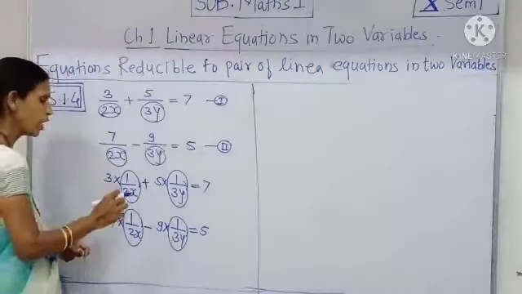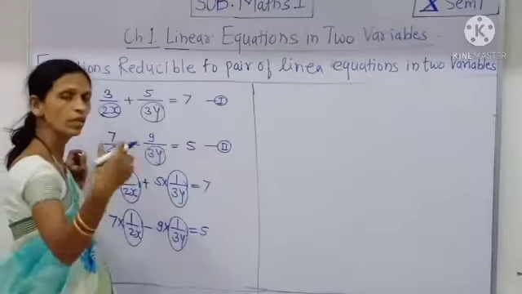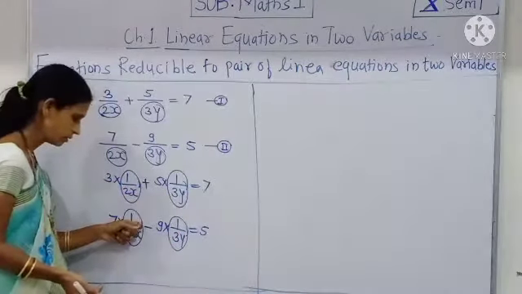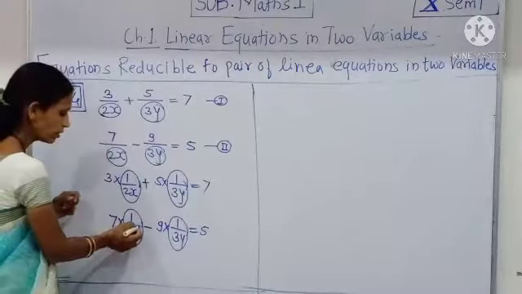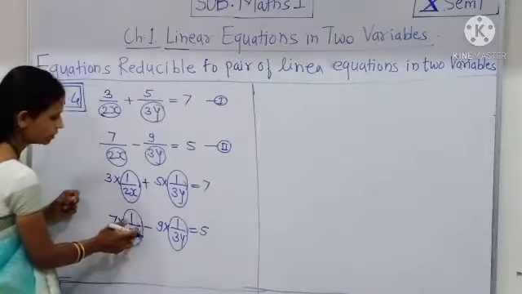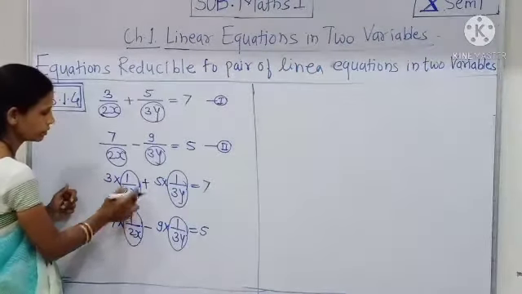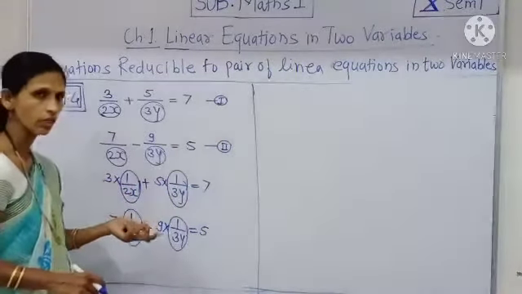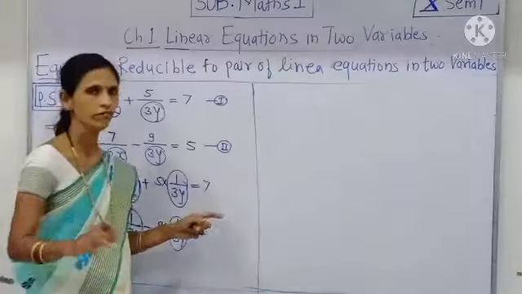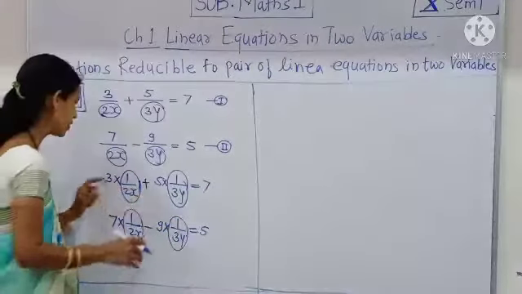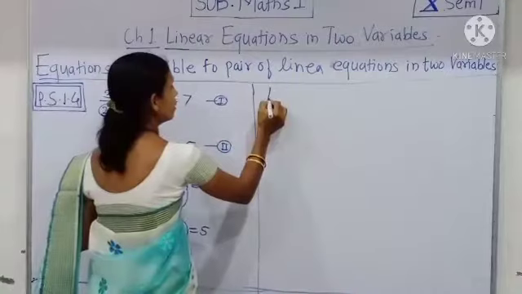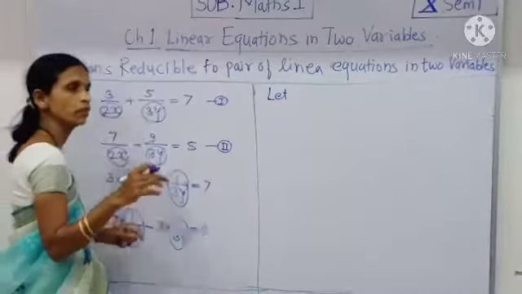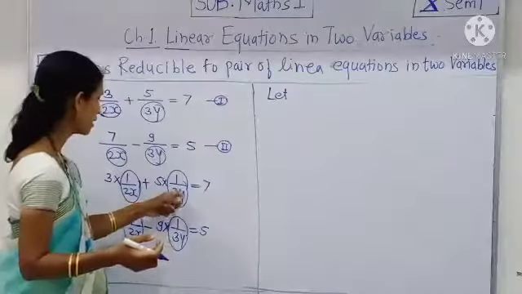Then we have to consider new variables for these, that is, for 1 upon 2x and 1 upon 3y. We have to consider variables other than x and y.